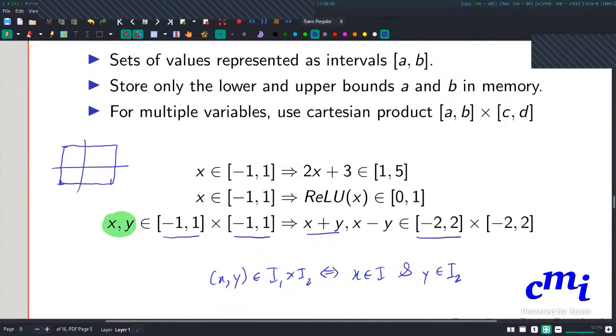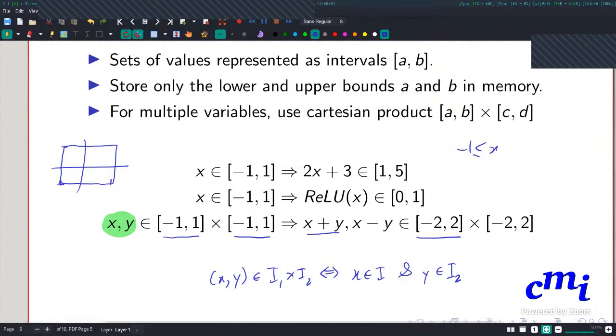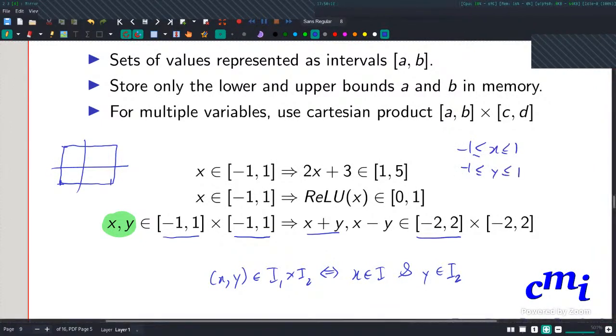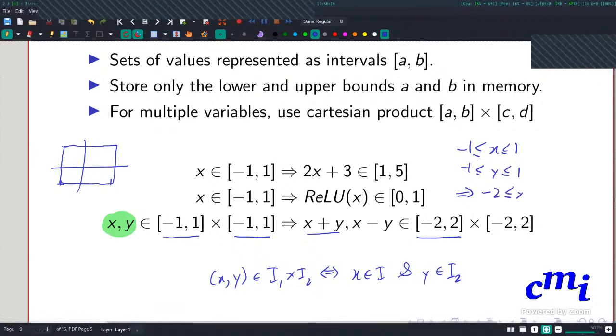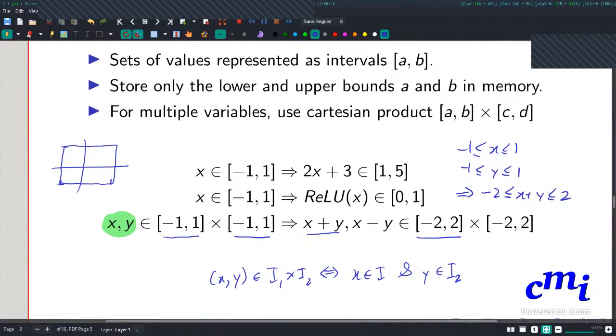So I'm saying -1 less than or equal to x less than or equal to 1, and -1 less than or equal to y less than or equal to 1, right? This implies that -2 is less than or equal to x plus y is less than or equal to 2, right? Is this okay? Yeah. That means x plus y is in this interval.